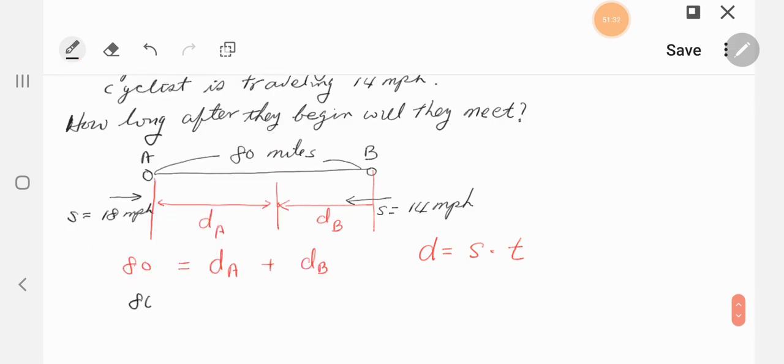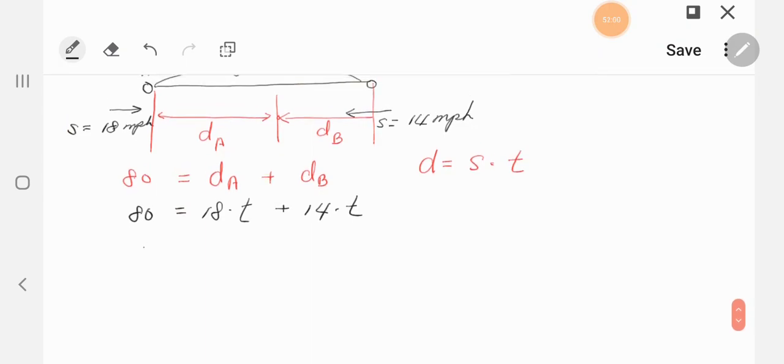The total distance, 80 miles, is equal to the distance of the cyclist from location A, speed times time: 18 miles per hour for t hours, plus the cyclist starting from B, speed 14, time t. Simplify this: 80 is equal to 18 plus 14, which is 32t.